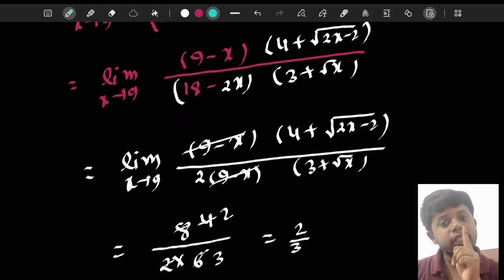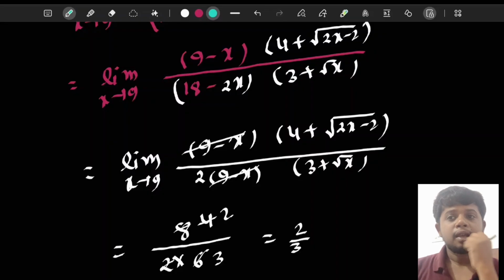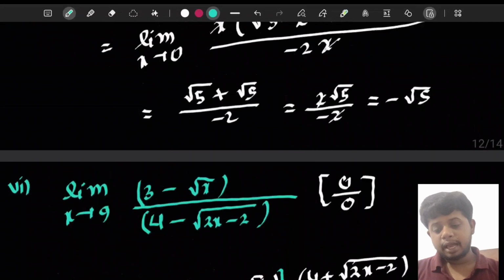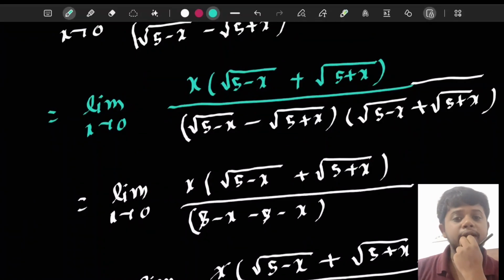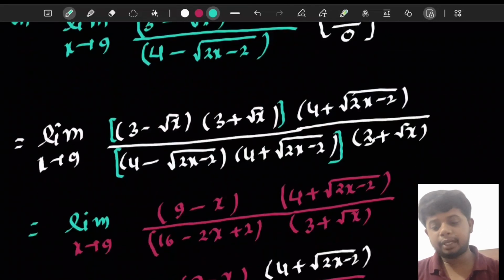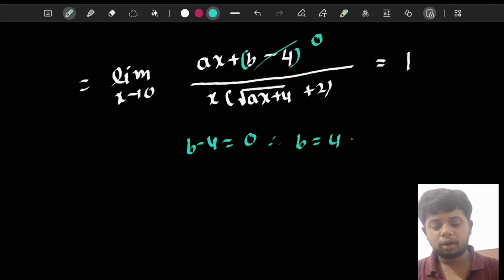Then only that 0 by 0 removal is possible. That means here also you can see this removal is so important, then only you can cancel that. So sir, understood. So that means we can say here this b minus 4 equal to 0. That means I'm getting b equal to 4.